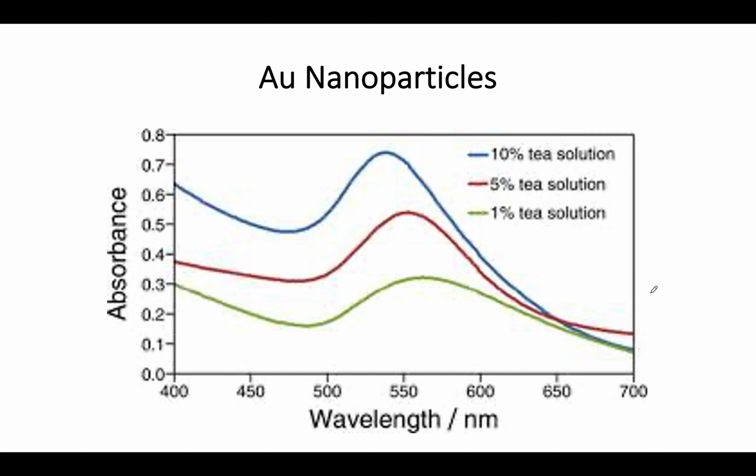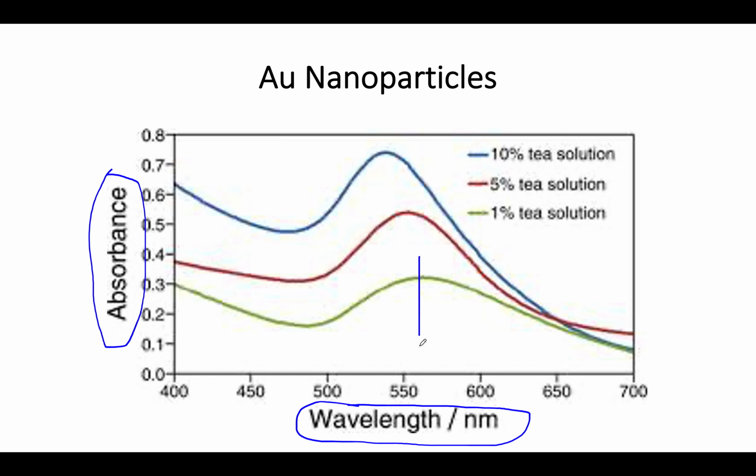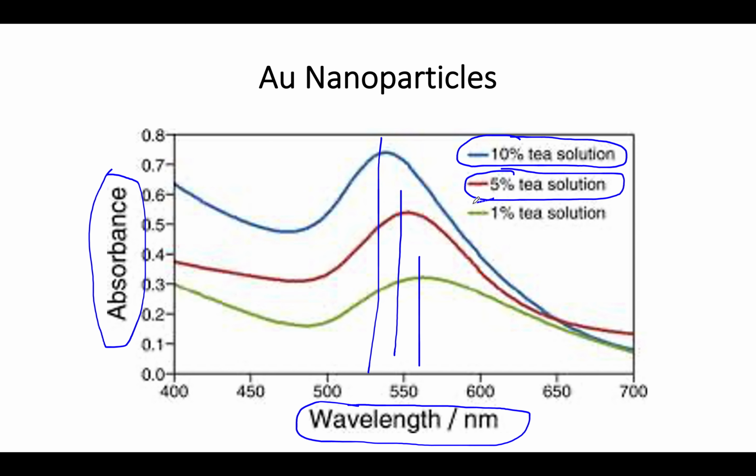So the takeaway then, what you're going to see is the data will be presented with absorbance versus wavelength. And remember, we're looking for lambda maxes. So if I estimate here, that's a lambda max, that's a lambda max, that's a lambda max. So different tea solutions, 10%, 5%, 1%, those different solutions give different lambda maxes.